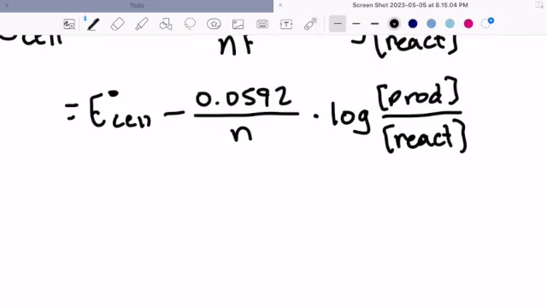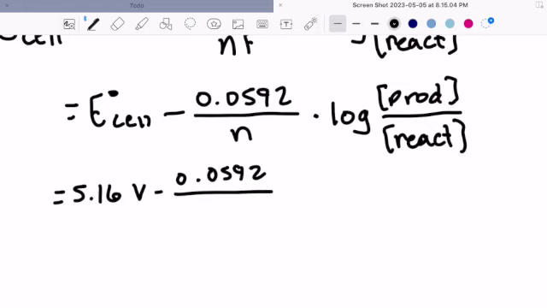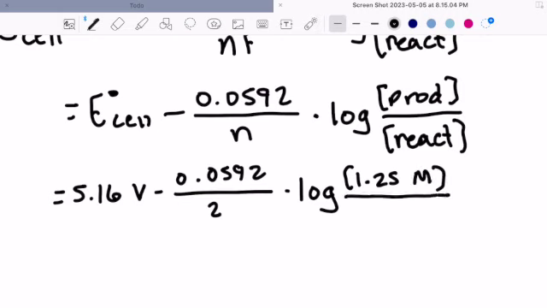So let's plug in our values that we have. The E° cell will be the E cell we just calculated in the previous problem. And then 0.0592 over 2 moles, times the log of 1.25 molar solution over 0.076 molar.